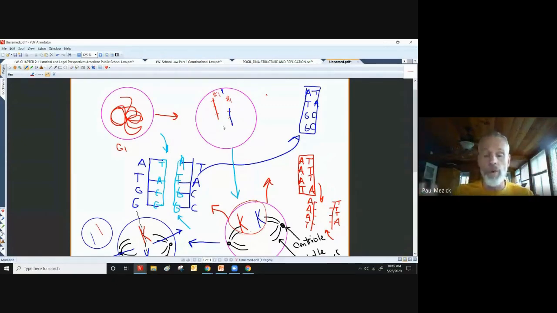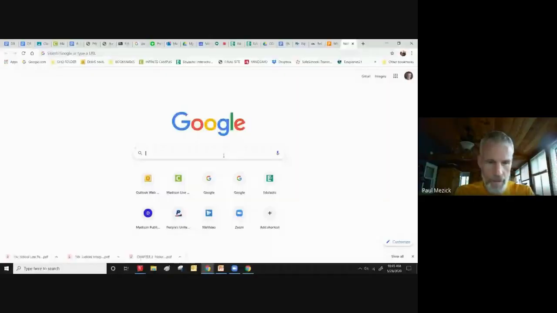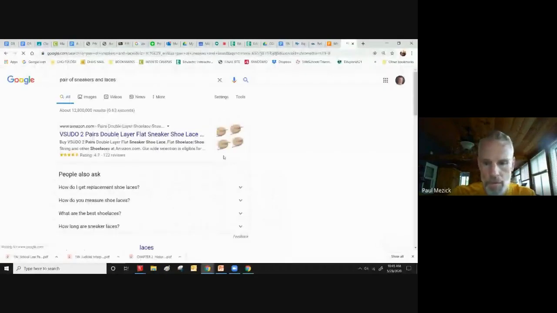So here's a really good analogy that seems to work with kids. I wish I had a pair, let me see if I could find something that would really help here. Pair of sneakers and laces. You're probably wondering what this guy is looking up. Let's see what we get for images.